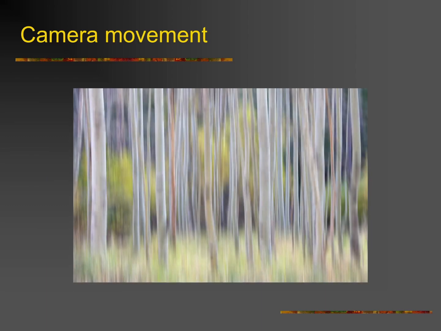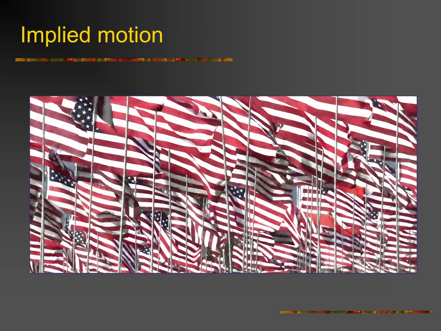Think camera movement. You can illustrate movement with the use of camera panning or with special lenses such as the Lensbaby, or nowadays simulate it in post-processing, as I did in this case. And think about focusing on implied motion.